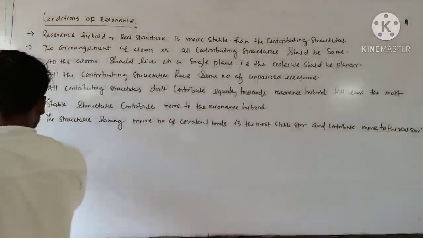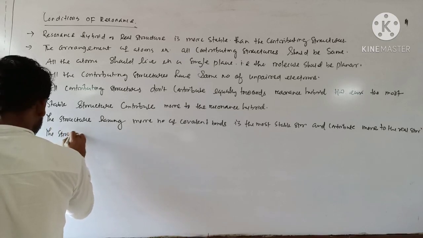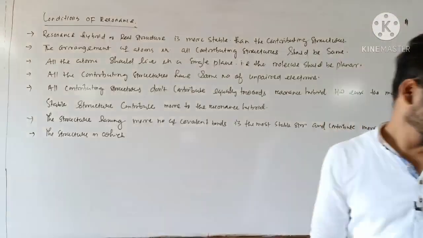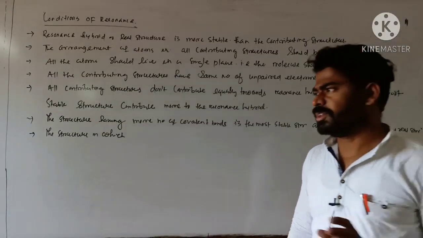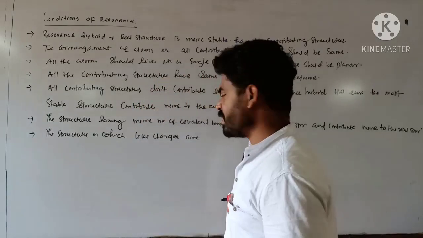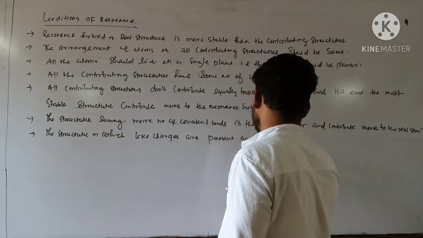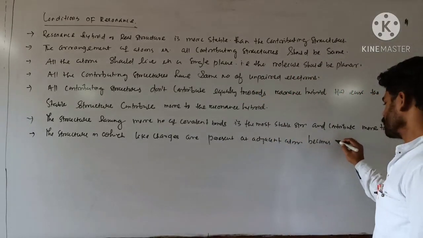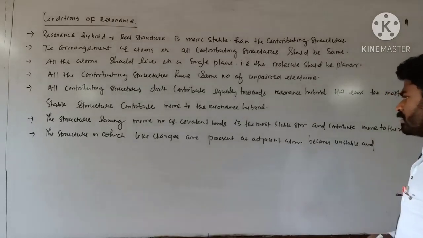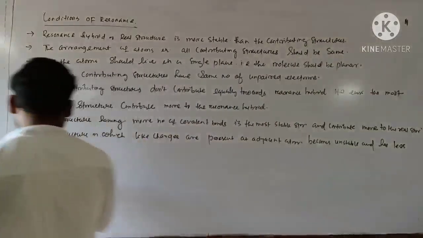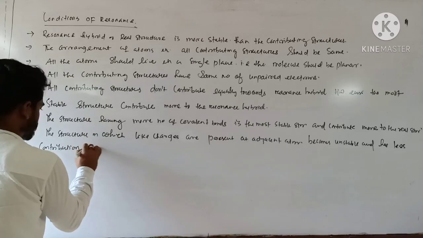Next point, the structure in which like charges are present at adjacent atoms becomes unstable and has less contribution towards the resonance hybrid.